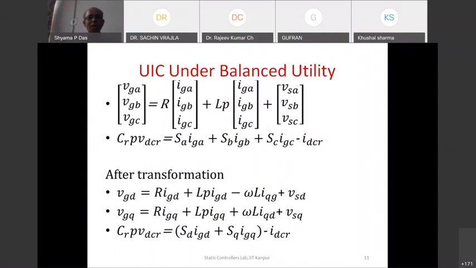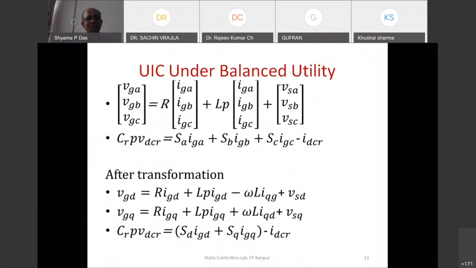So for each phase, the grid voltage equals the resistance drop plus the inductance drop plus the converter voltage, because the converter is interfacing the utility grid with the DC microgrid. This is the matrix equation in matrix form, obtained from three different equations.